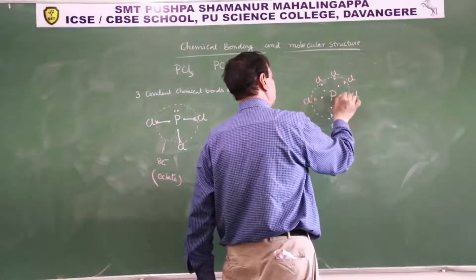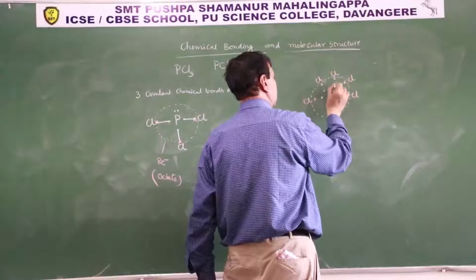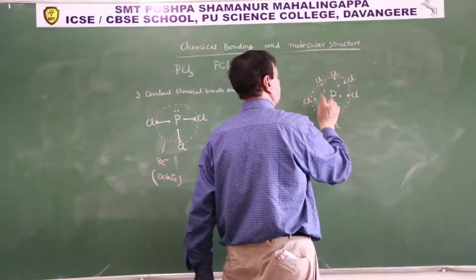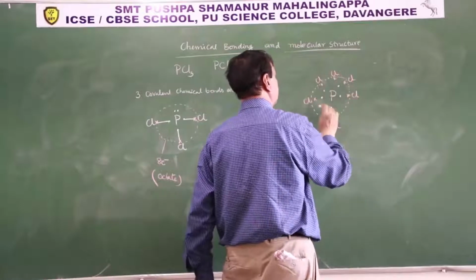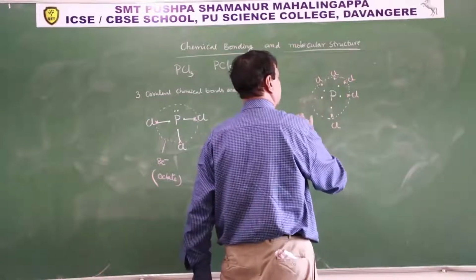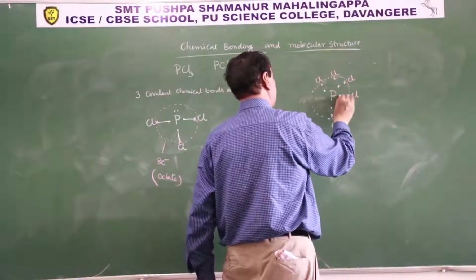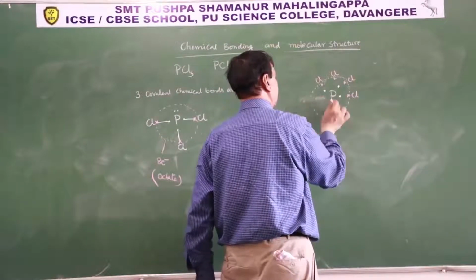Here 1, 2, 3, 4, 5 and 1, 2, 3, 4, 5 numbers of electrons.